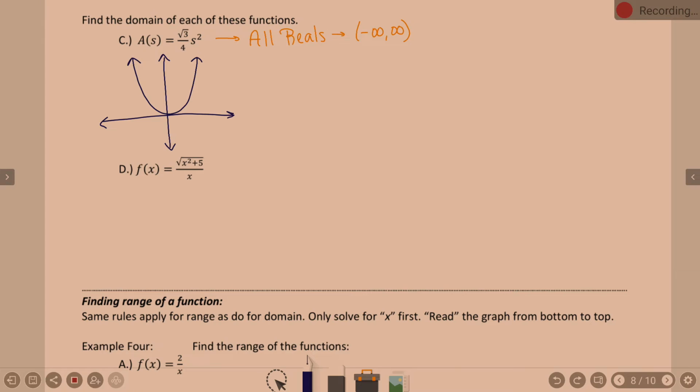Area. What does S stand for in an area formula? Side of a square or side of an equilateral triangle. So here's the deal. This is the formula for the area of an equilateral triangle with side S.